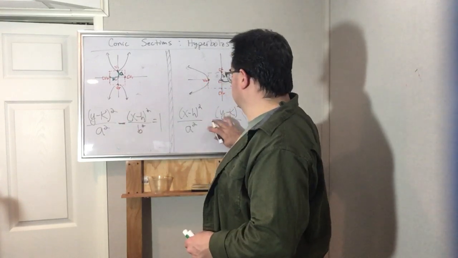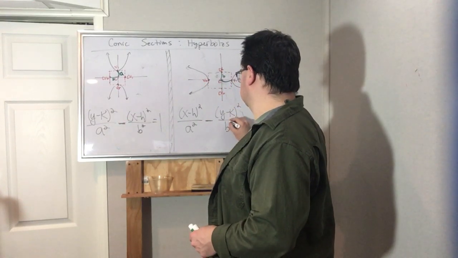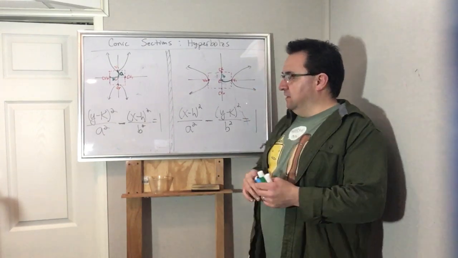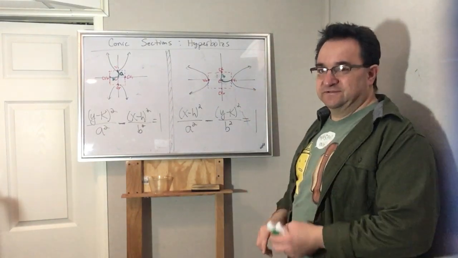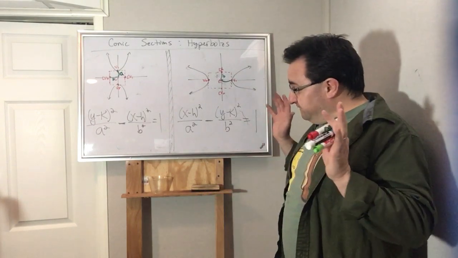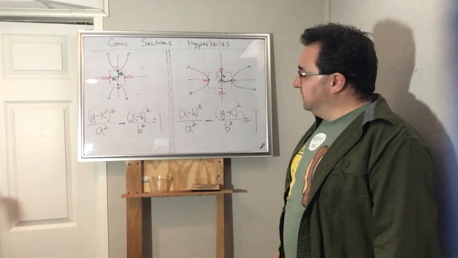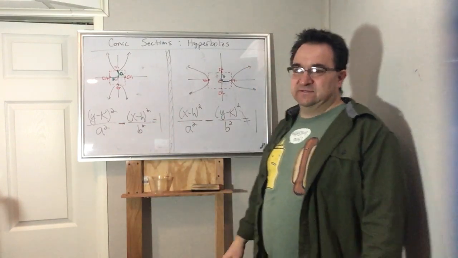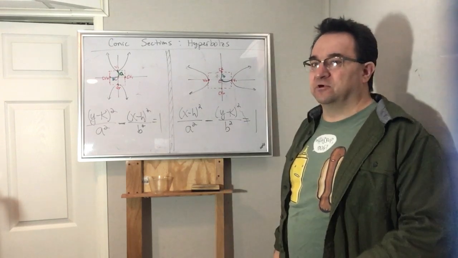Huge difference. These are minuses. I want you to notice the similarities and the differences with the ellipse. It looks very, very similar. The big difference is that is a minus sign. If you see a minus sign, that is a hyperbola, not an ellipse.